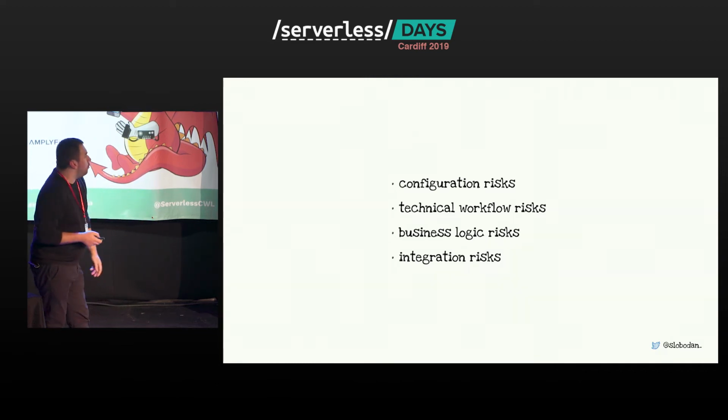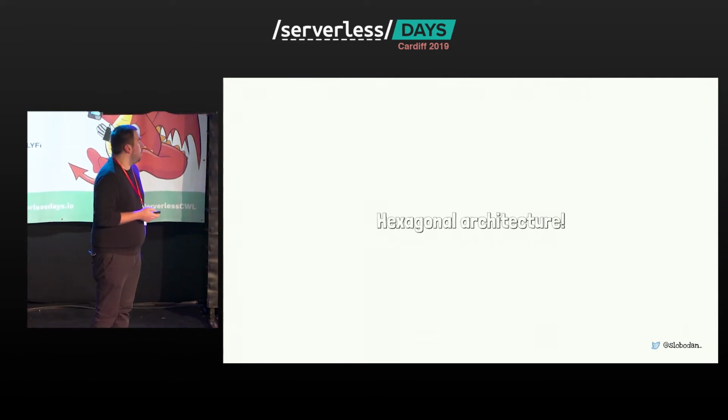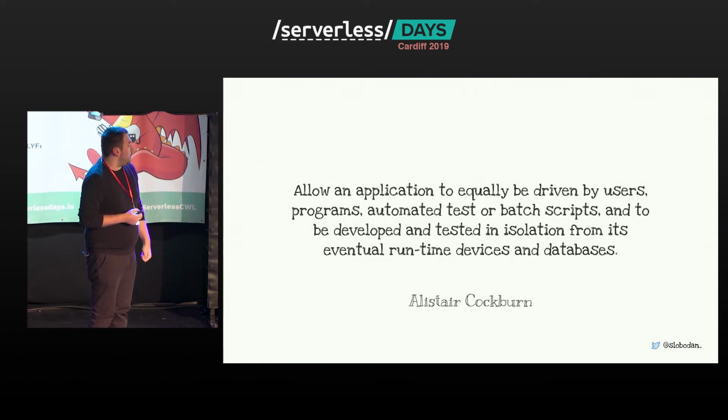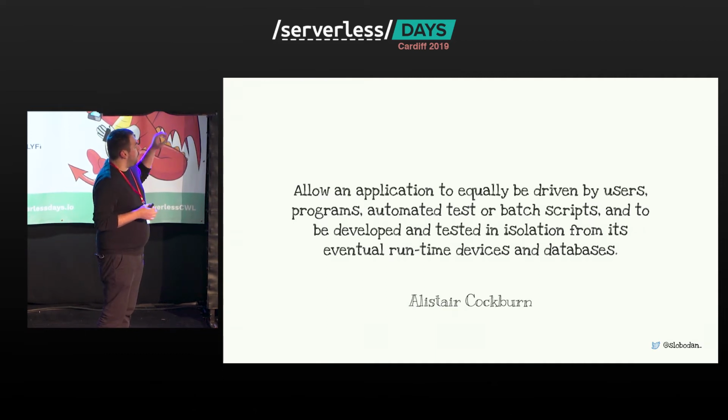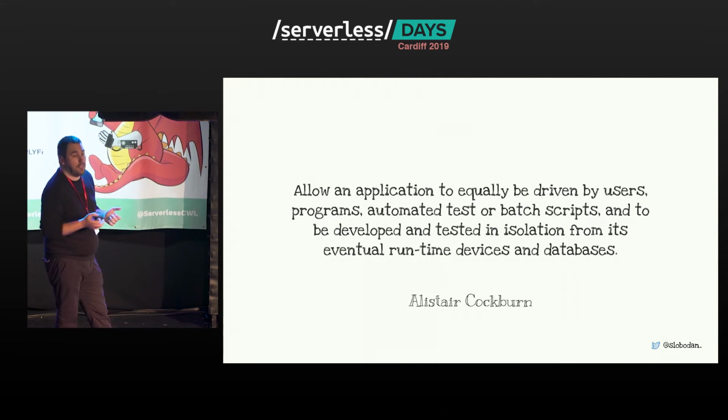But I love to use a thing called hexagonal architecture, or ports and adapters. Its creator, Alistair Cockburn, explained that hexagonal architecture allows your application to be equally driven by users, programs, automated tests, or batch scripts, and to be developed and tested in isolation from its eventual runtime devices and databases.